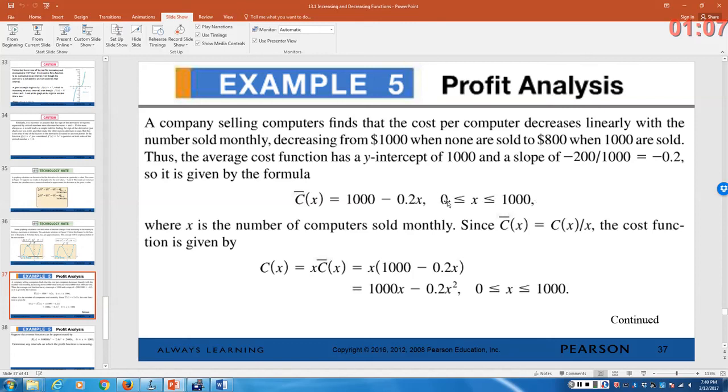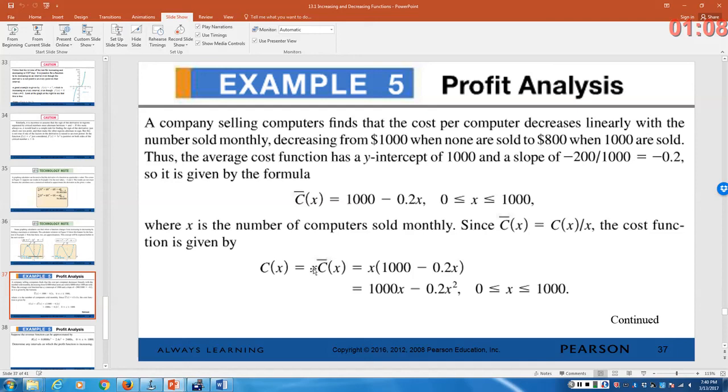They don't know what happens after 1,000. And x is the number of computers sold monthly. So the average cost is actually C of x over x.